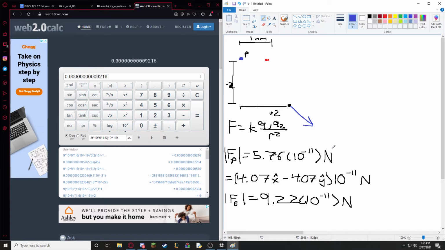Remember how equal charges repel each other, and opposite charges attract. Exactly. The main thing we want to look at here is that our force from the electron is going to be up and to the left.